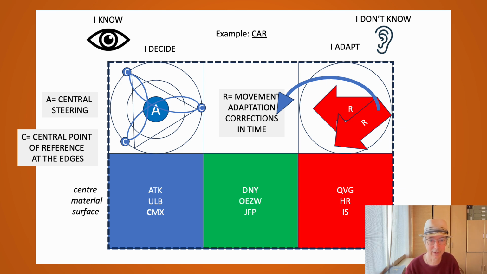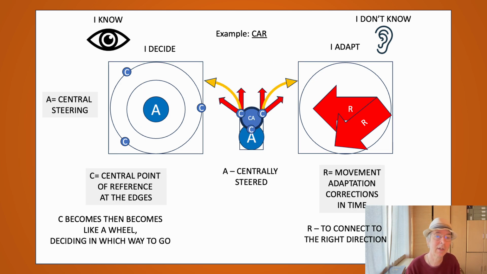And in practical combination, we have, of course, this form that we have a central position. We have this kind of steering wheel, let's say, and the R is making the connections to all the directions. So this is basically the principle of the car.